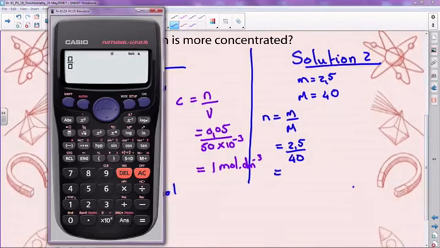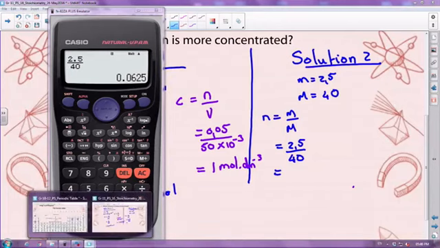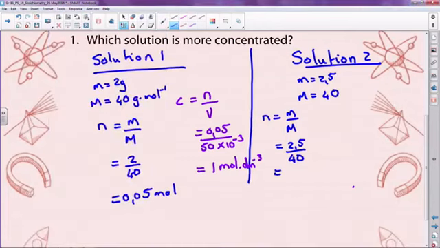So fraction 2.5, and at the bottom here it's going to be 40, and I'm going to end up with 1 over 16, which is 0.0625 moles. So now concentration. Concentration is moles divided by volume.